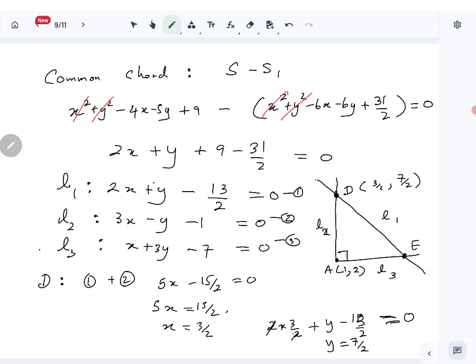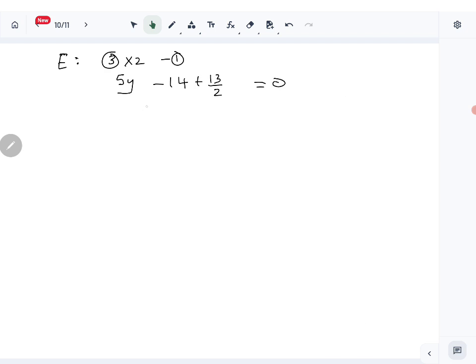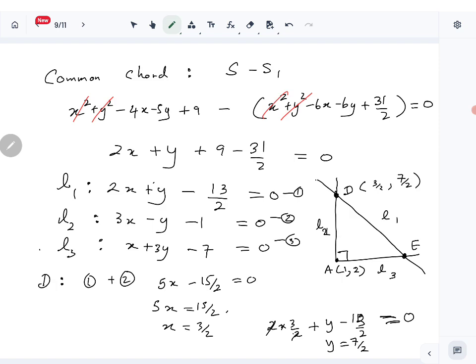Let's double check: this times 2 minus the first one, 2x cancel, 5y minus 14 plus 13 over 2. So you get 5y minus 28 plus 13, over 2, equals 0, so y equals 3 over 2.